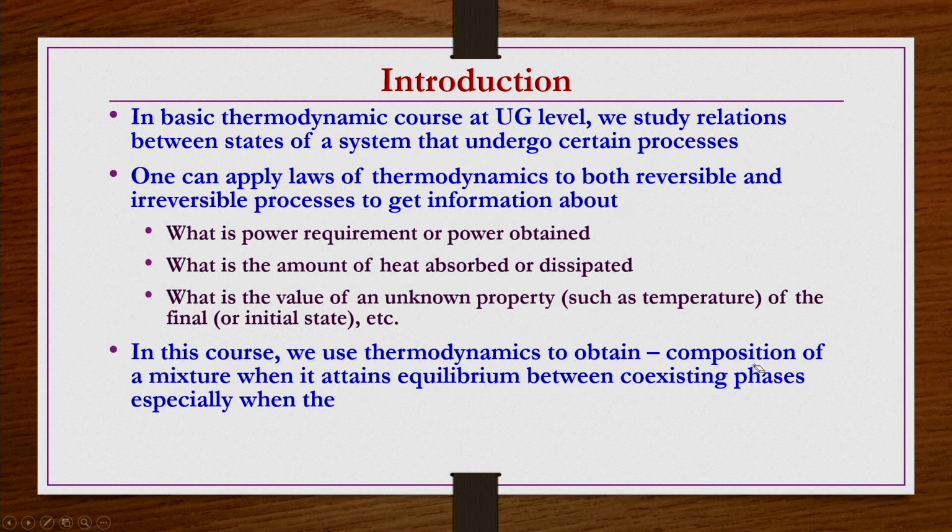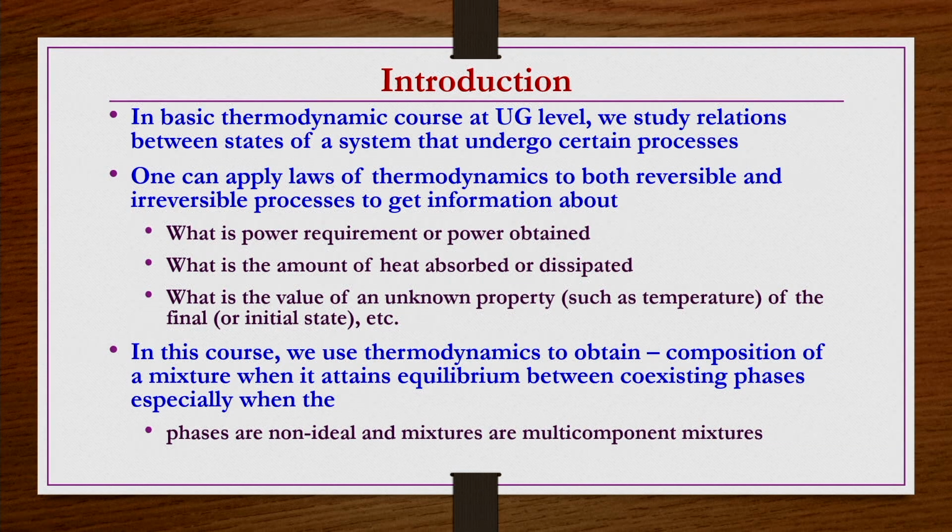In this course, we use principles of thermodynamics to obtain the composition of a mixture when it attains equilibrium between coexisting phases, especially when the phases obey non-ideality and the mixtures are multi-component mixtures, not simply binary mixtures, not simply ideal phases.